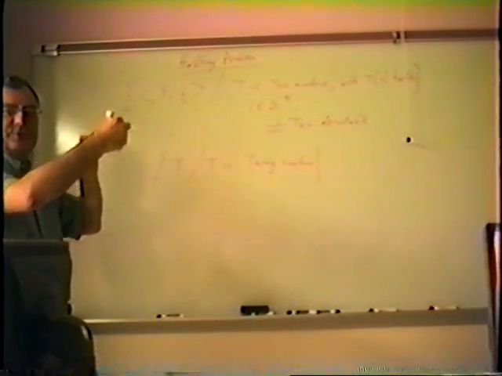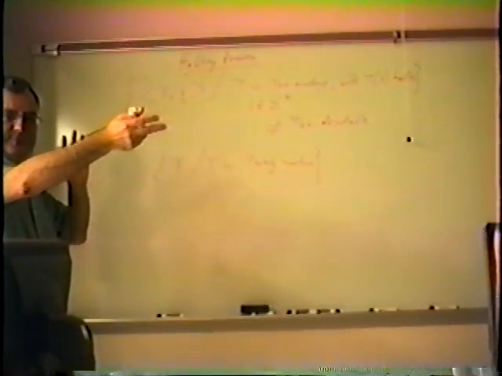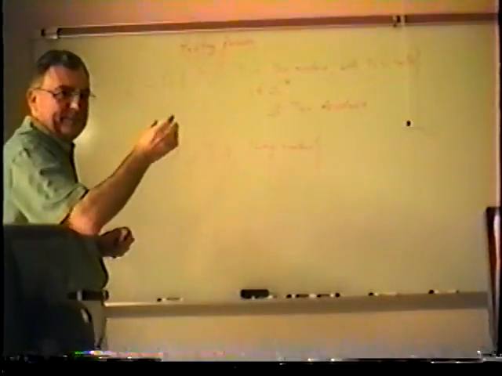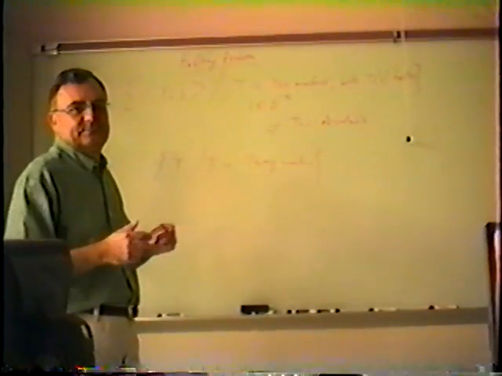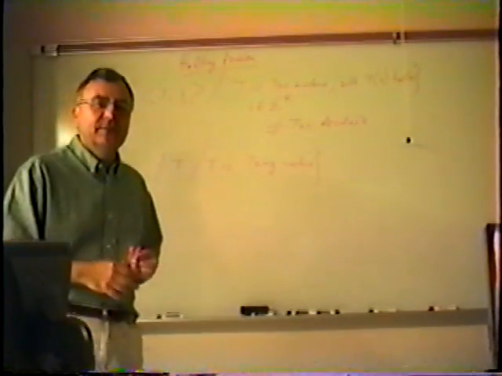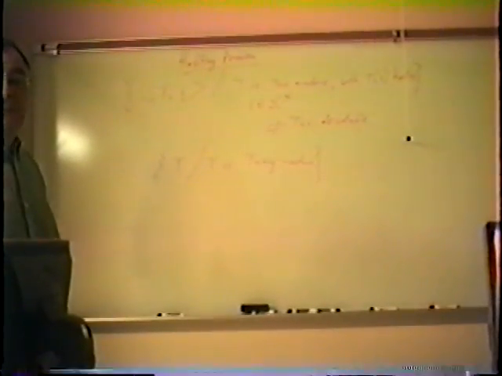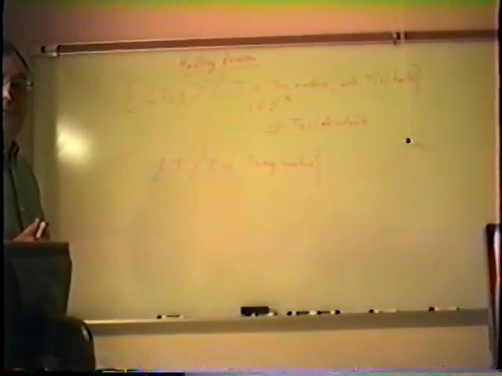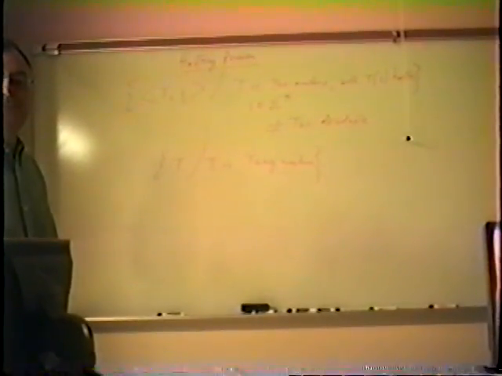Well, a Turing machine is a sequence. States, transitions, I can encode the Turing machine as a sequence. A sequence is a finite number of symbols. The alphabet is finite, the number of states is finite. So it's a sequence of sequences.